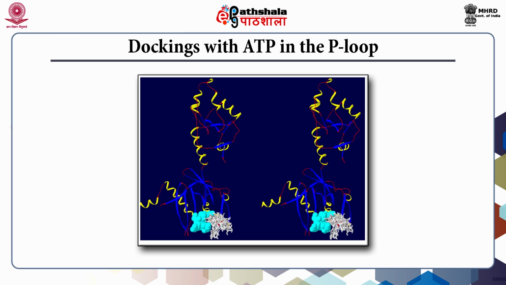Now make each of the selected dockings visible by marking the V mark in the first column for each of the selected dockings. This will display only those dockings which are falling within the P loop.